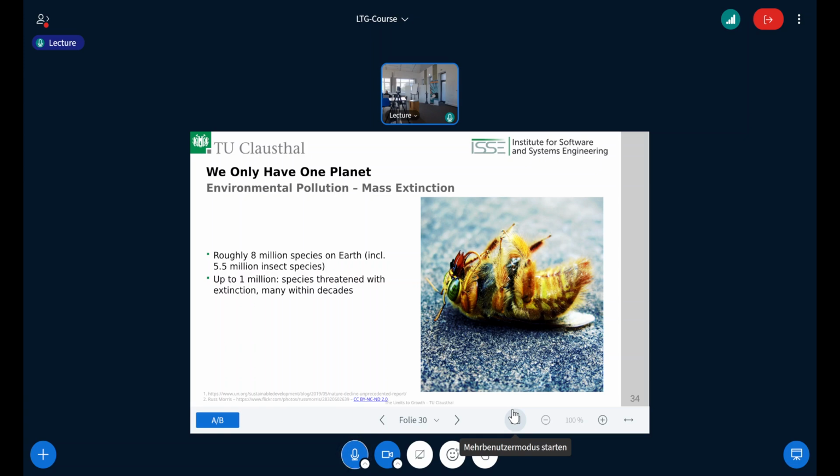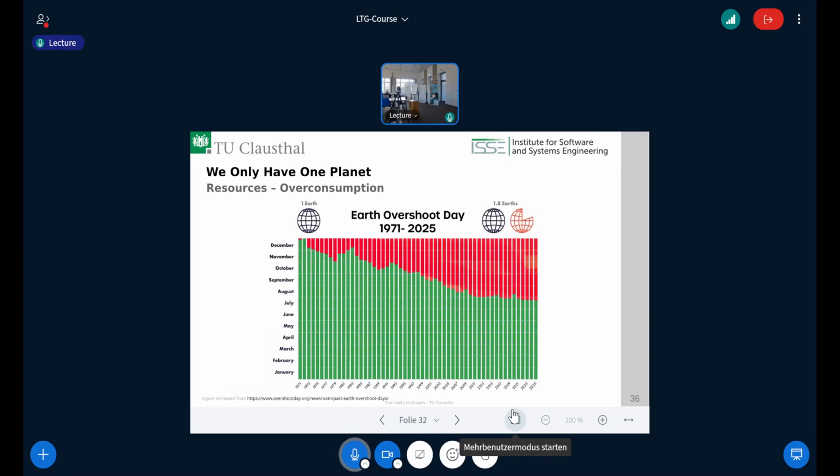Heavy use of pesticides and herbicides killing those insects means you don't have pollinated plants, which do not bear fruit, which might then be a big problem for your supermarket experience. Just another statistic: more than 40% of amphibian species are threatened with extinction, so not really a pleasant experience.